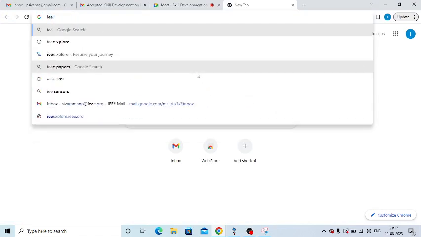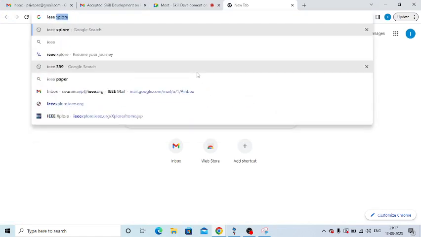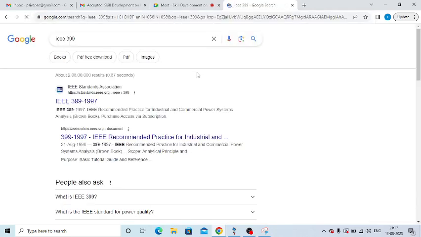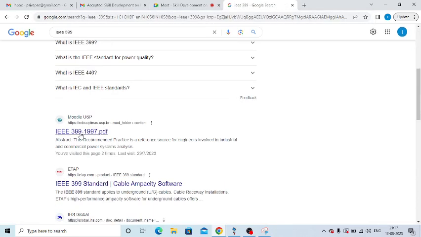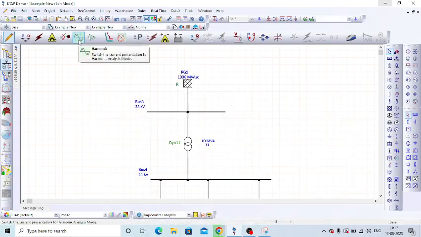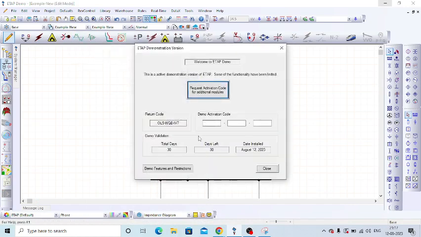So again, I am going to open IEEE 399. So in ETAP, this harmonic symbol.